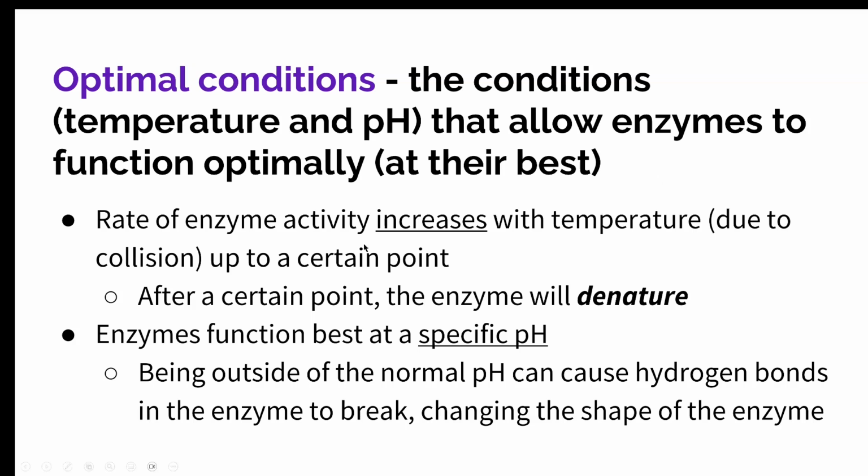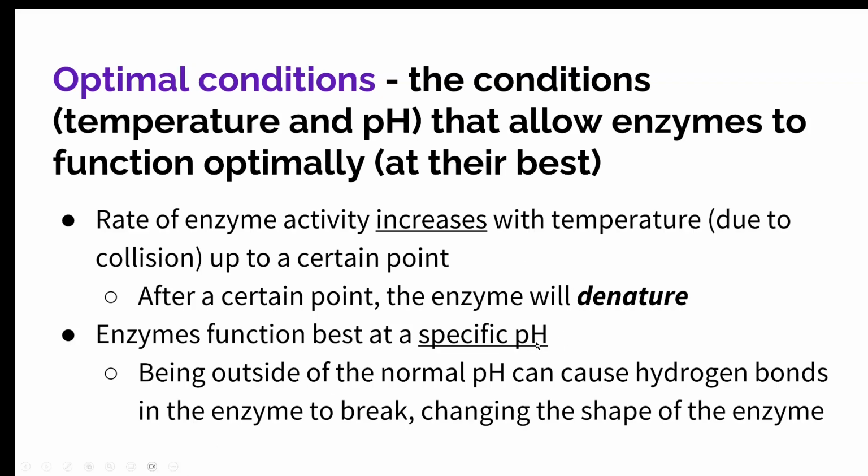Okay? Enzymes also work at a specific pH. So it's very, very important to understand that the pH ranges cannot change very much, because being outside of that normal pH can cause hydrogen bonds in the enzymes to break.